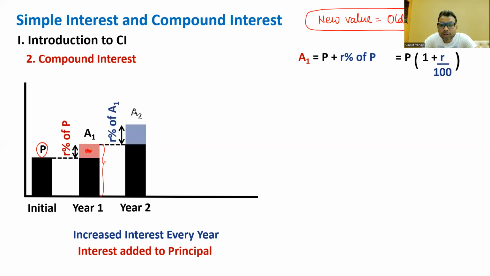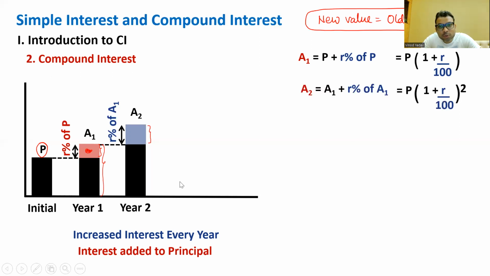Now, in year two, did you see the amount A2 is this black plus the black, which is nothing but A1 plus R% of A1, not R% of P. You can see the height of this is more than this. There is more interest every year simply because the previous year's interest is also included while calculating the next year's interest.